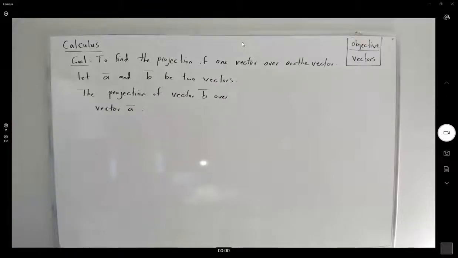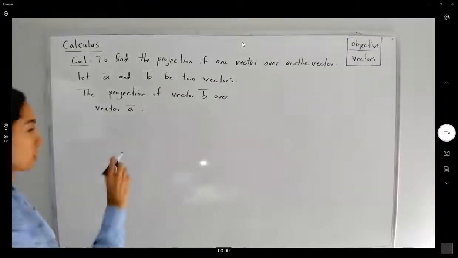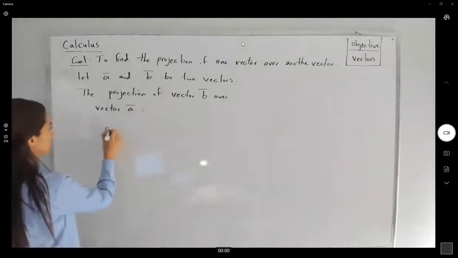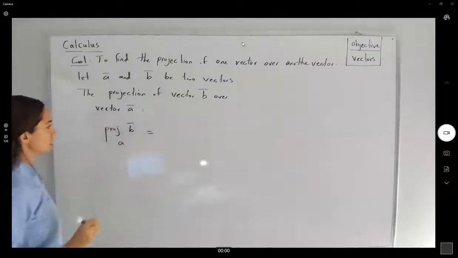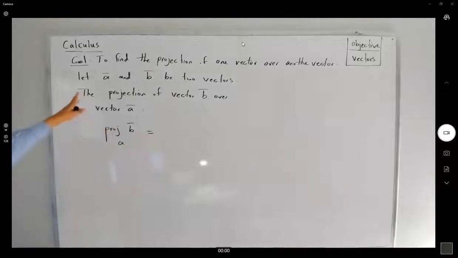Well, the formula that we're going to use, let's write down the projection of B over A. This is equal to, so we're going to use the dot product to find this formula.